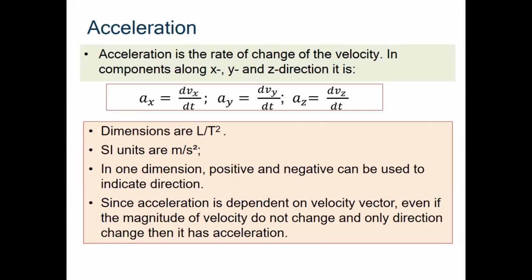We are going to discuss such accelerations in detail in coming lectures, but we must remember that velocity is a vector quantity. Therefore, a change in this vector is going to dictate the acceleration. If the magnitude is not changing but the direction is changing, we still have a change, and therefore acceleration.